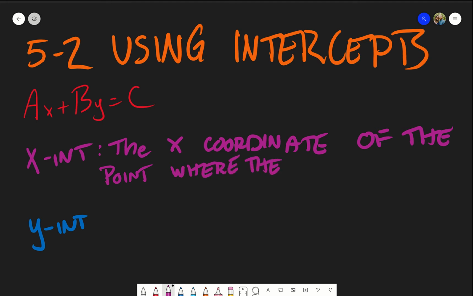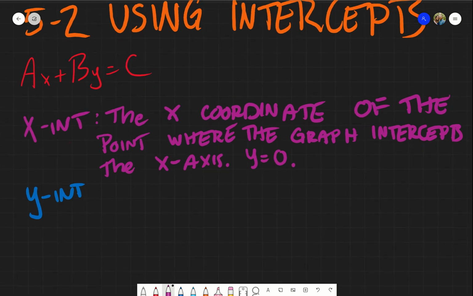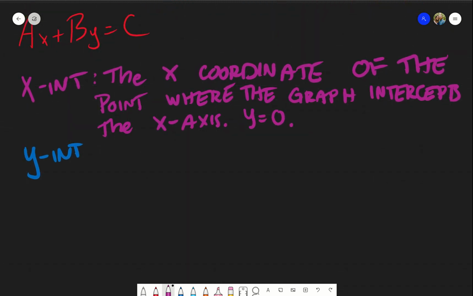In the x-intercept, y will always equal 0.